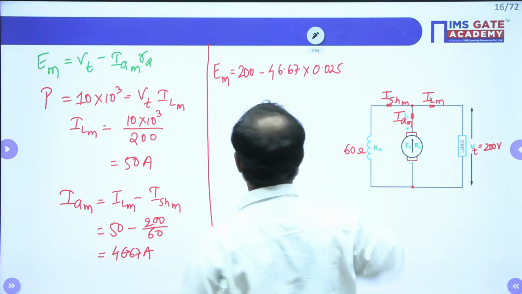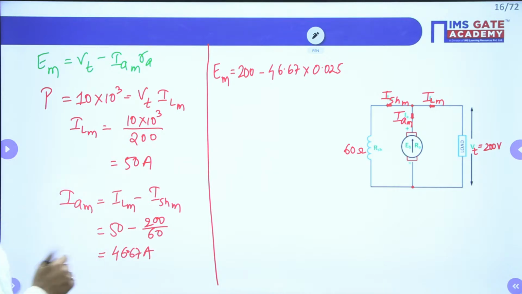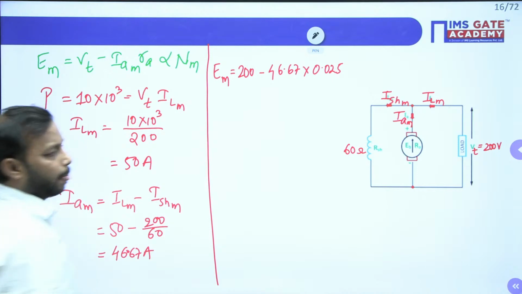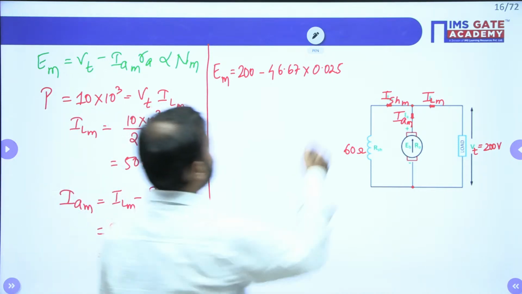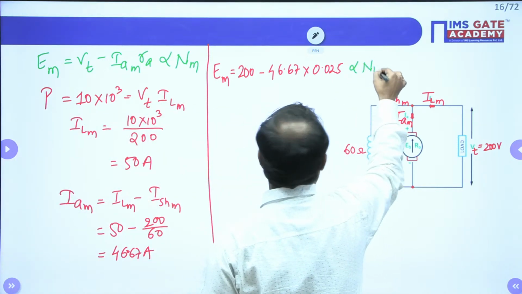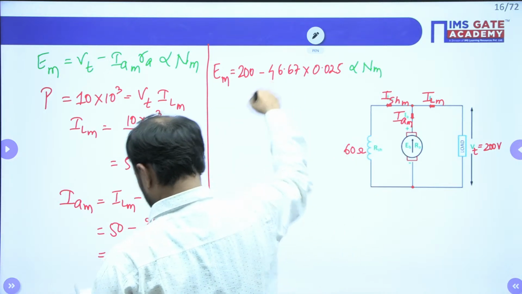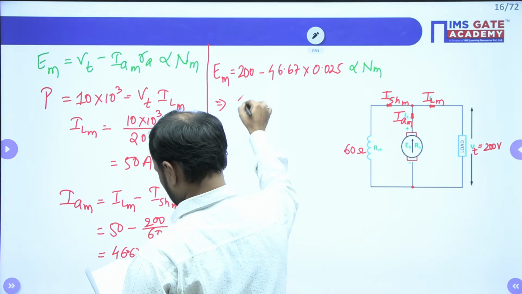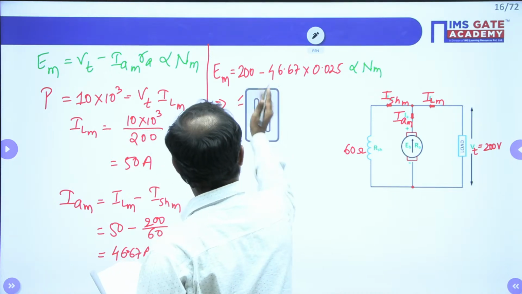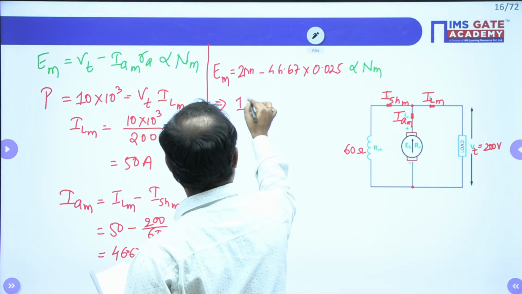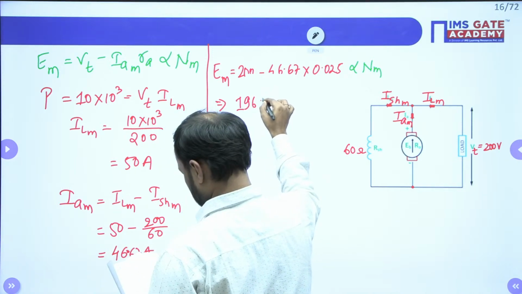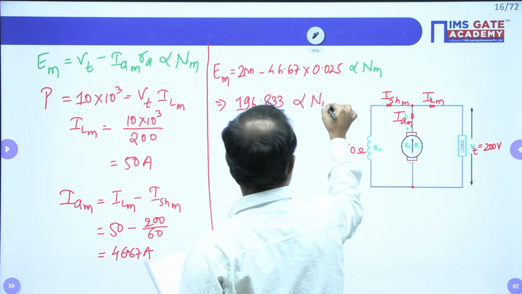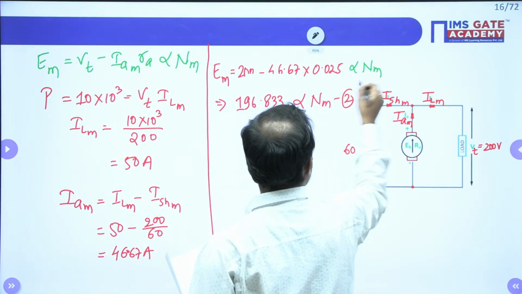Now this EM is proportional to your motor speed Nm. So let me solve this. This value comes as 196.833, proportional to Nm. Let me take this as equation 2.